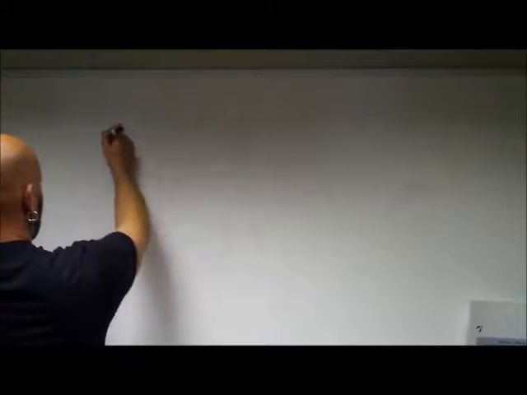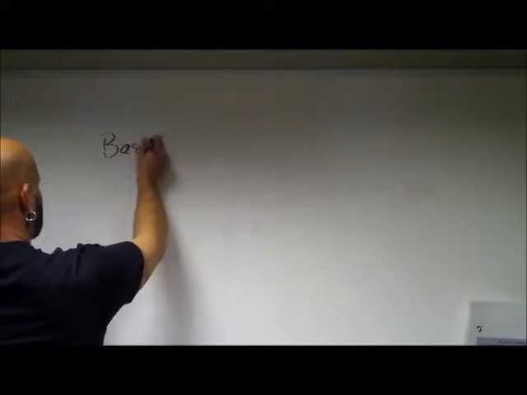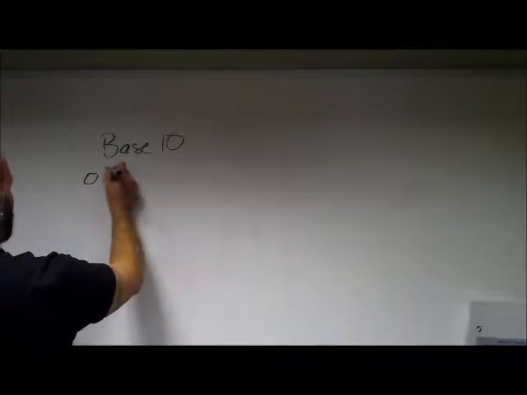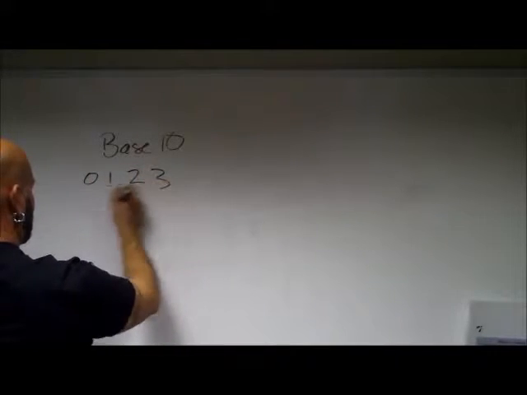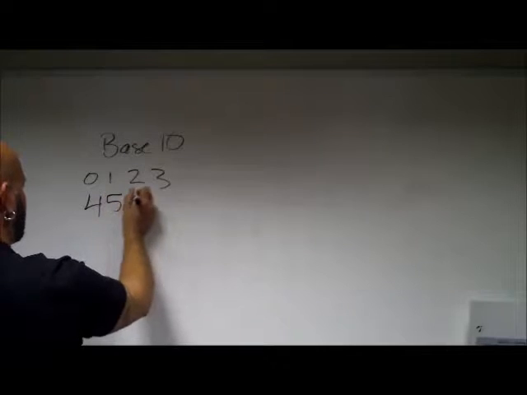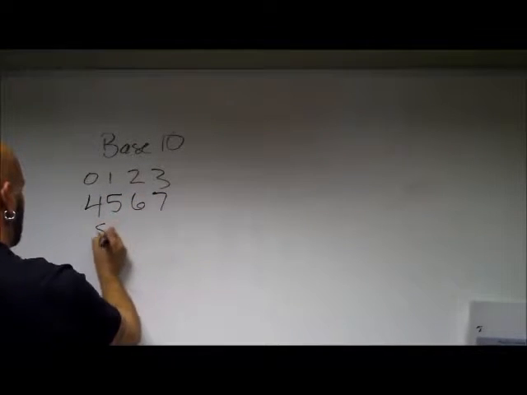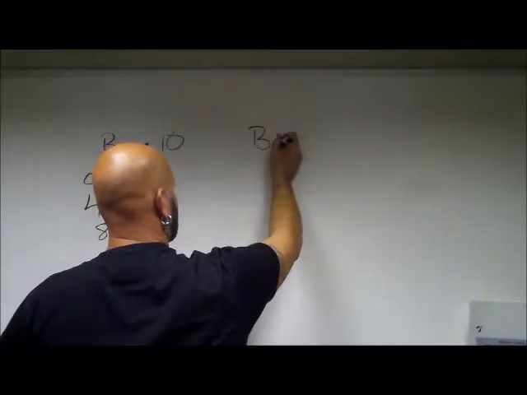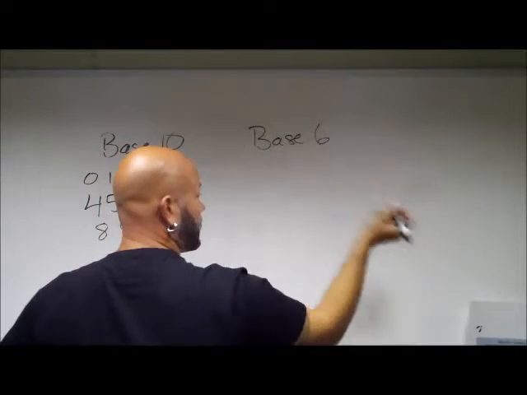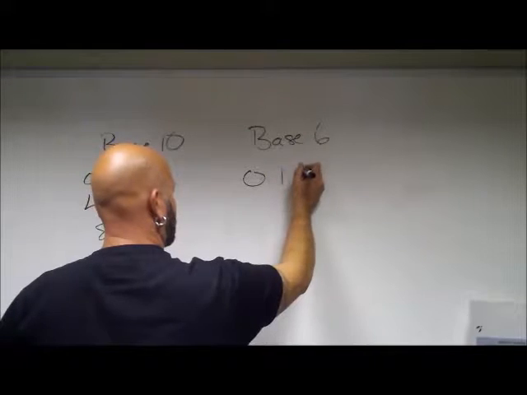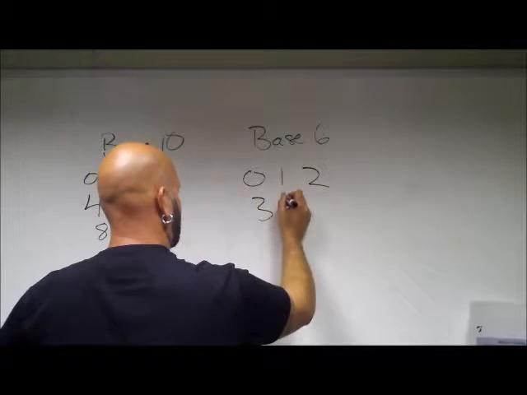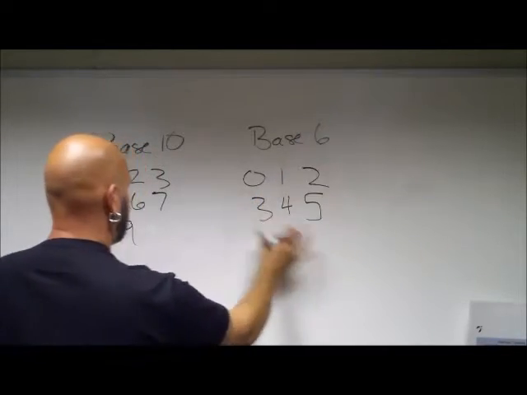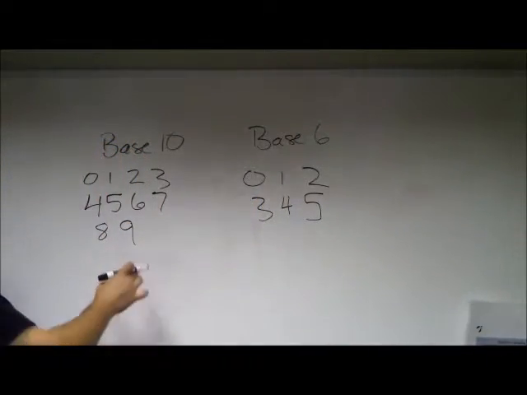So here we got base 10, which we have 0, 1, 2, 3, 4, 5, 6, 7, 8, and 9. Base 6, we can use 0, 1, 2, 3, 4, and 5. Can't use 6 in here. We don't have a 10 down here.